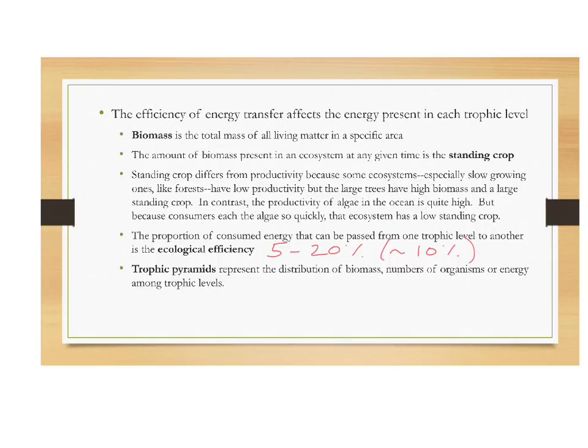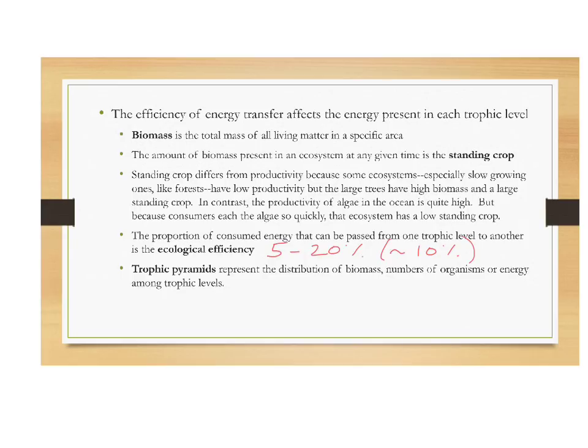You guys have actually heard this before. We call that the 10% rule. In any type of trophic structure, when we move from level to level, from producers to consumers, from primary consumers to secondary consumers, and so on, about 90% of the available energy in any given trophic level is lost.